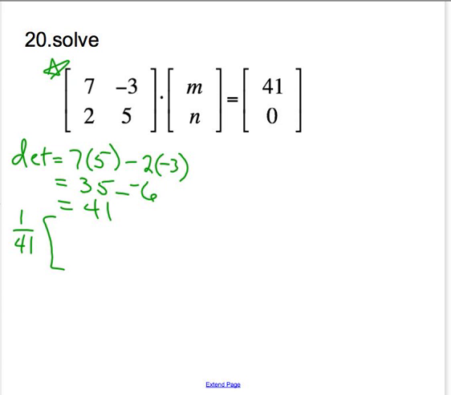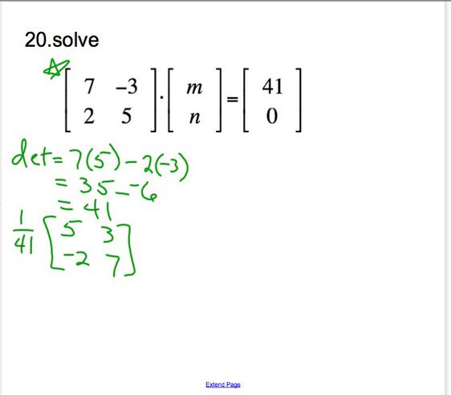And then I rearrange that 2 by 2 matrix, first by switching the positions of the main diagonal. So switching where the 5 and the 7 are, and then taking the opposite of the other diagonal. Making this a positive 3 and a negative 2. Now, depending on your instructor, some will want you to go through and perform that scalar multiplication. So I'm going to do that right now.